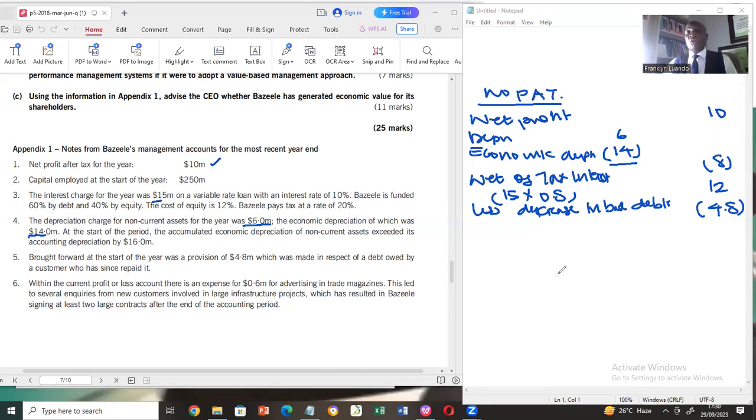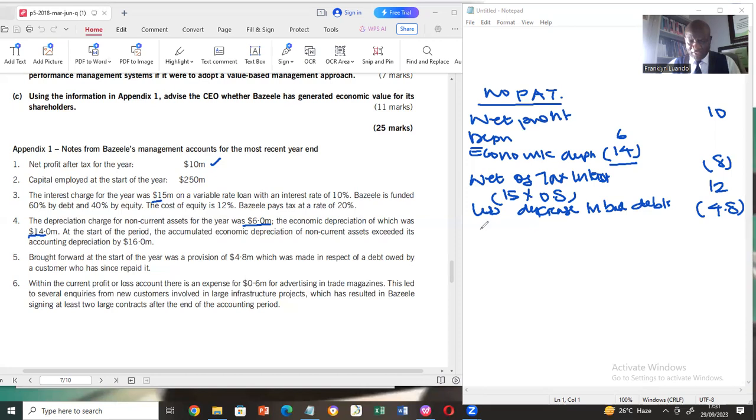So now I want you to understand this must be treated as capital expenditure for the purpose of calculation of EVA, because it resulted in a large increase in demand for the products. So it must be added back since it was deducted.